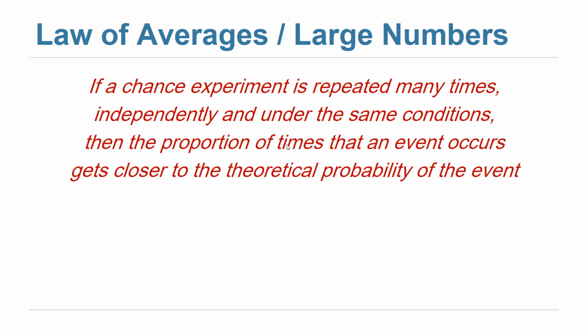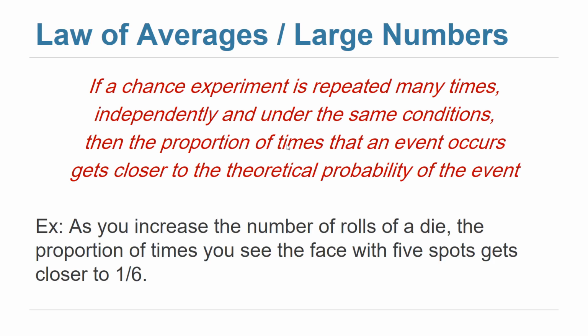So doing that experiment many times will give us results closer to the theoretical probability. And this is the example that we just saw. As you increase the number of rolls of a die, the proportion of times you see the face with 5 spots, and you can do that with any other number, gets closer to 1/6 as we just saw.